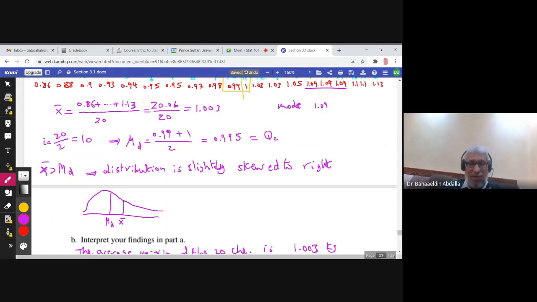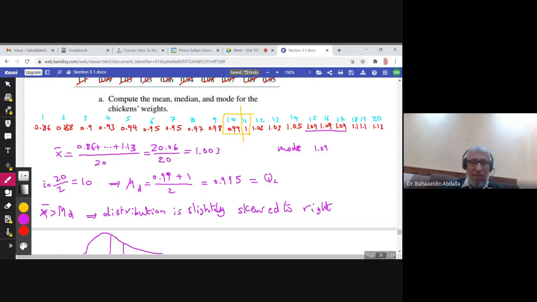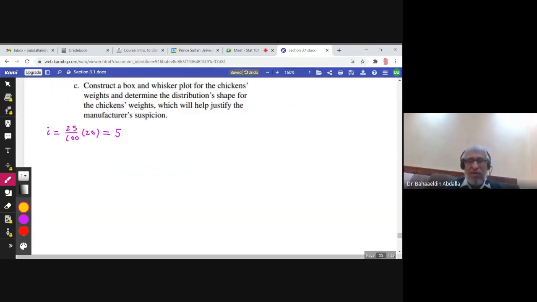It's an integer, 5. So you go to the data and choose the value between the 5th and the 6th position. So Q1 would be in the middle here. So it's 0.94 plus 0.95 over 2. And if you ask yourself, what is the number between 0.94 and 0.95?